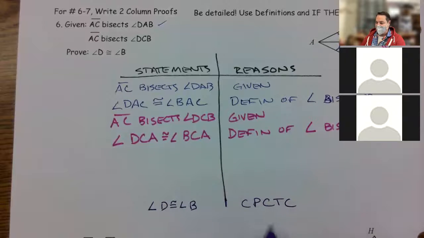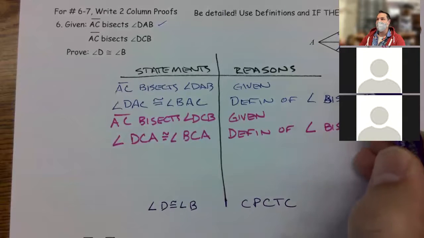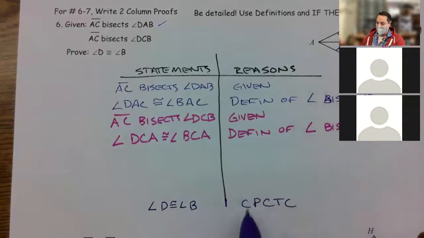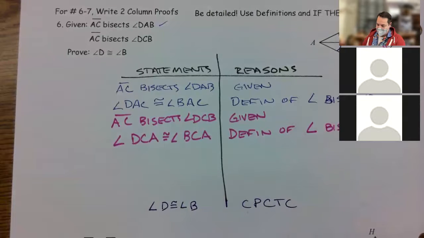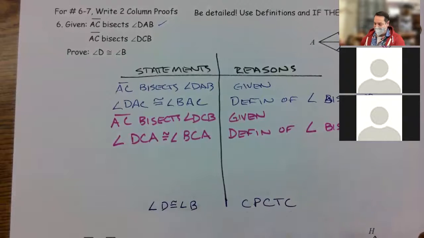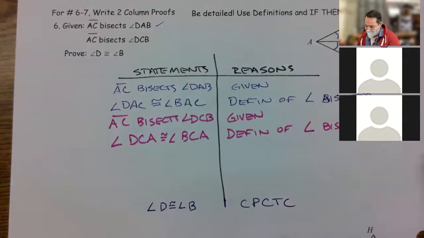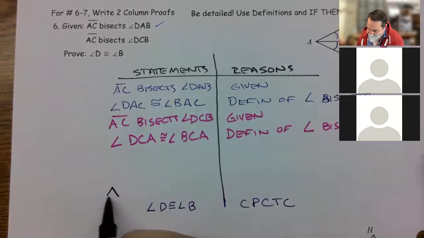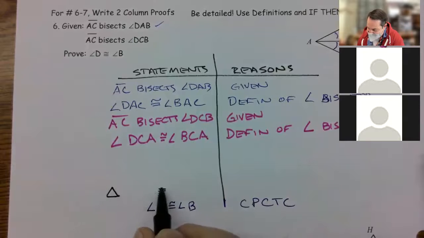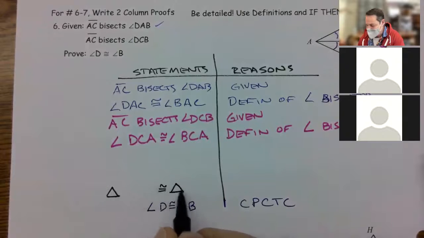My point is that if we can think about proving these triangles are congruent, then we could say that any corresponding parts of the triangles are congruent. So if we're going to say this is CPCTC, I must, just before that, have stated what Canyon was working towards, that these two triangles are congruent.